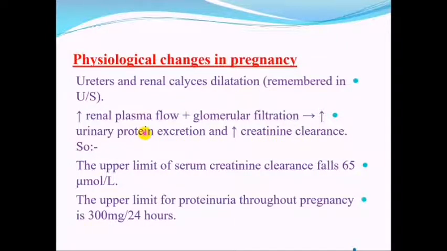For this reason, the upper limit of serum creatinine throughout the pregnancy rises up to 65 micromole per liter, while the upper limit of proteinuria throughout the pregnancy tends to increase up to 300 milligram per 24 hours.